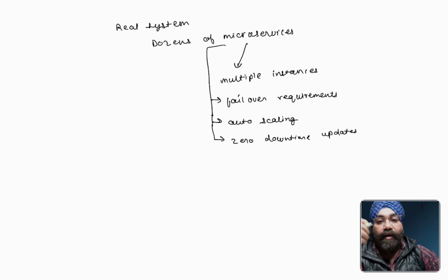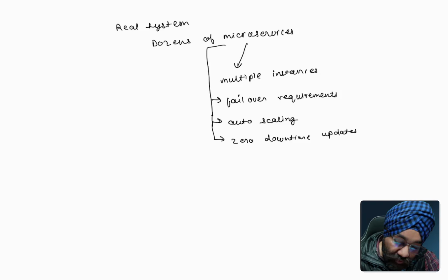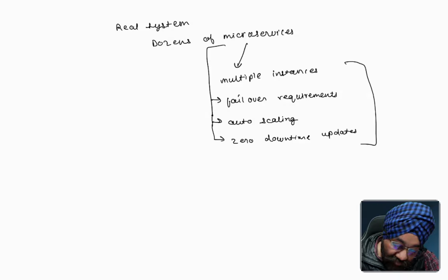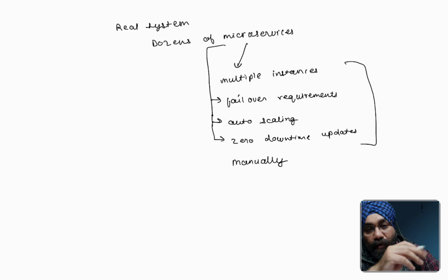Suppose you added a new feature and you want to deploy it, but you don't want to introduce any downtime. Why? Because it is a business critical system. All these things Docker doesn't provide. And managing all of this manually is also not possible. Neither does Docker provide this, nor is it possible for someone to continuously monitor and manage it on their own.